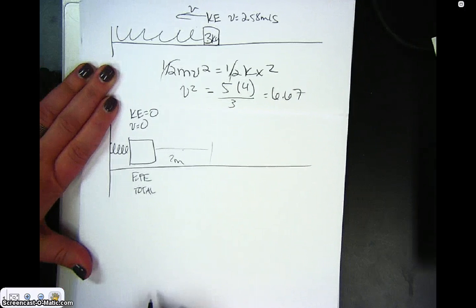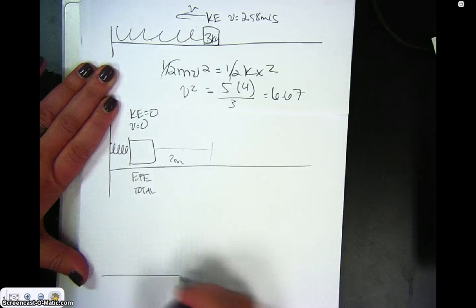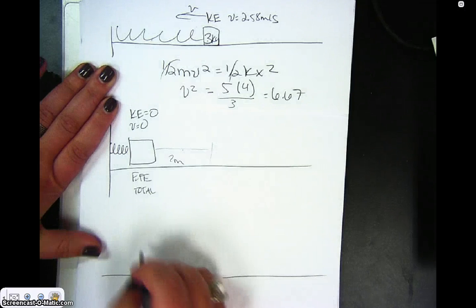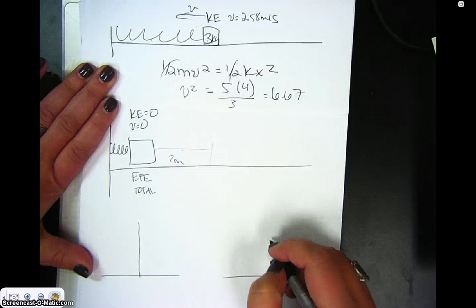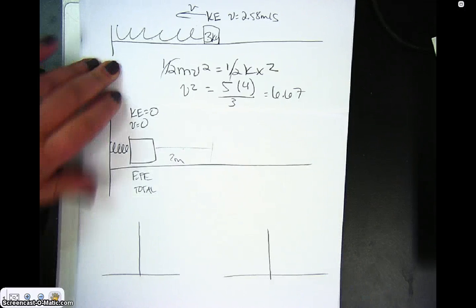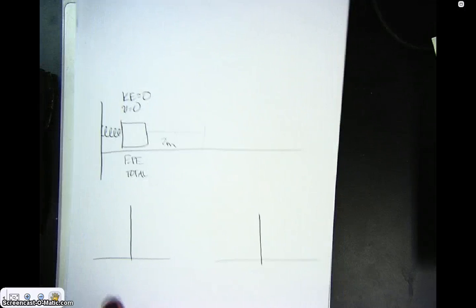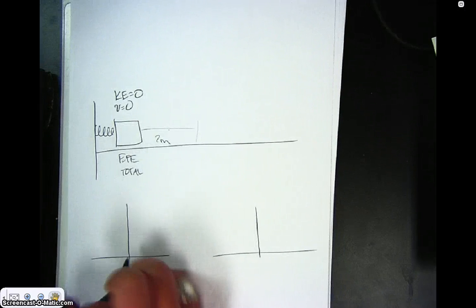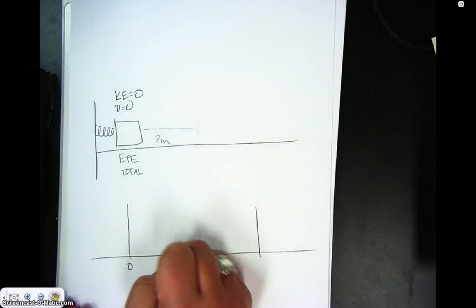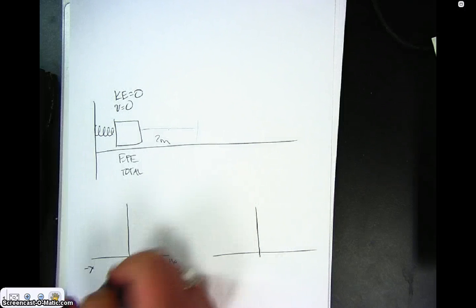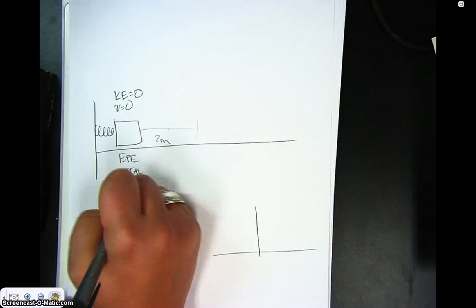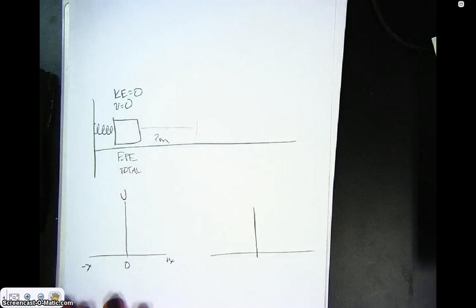Now, I just want to point out the graphs again. So if we were to look at a graph of kinetic energy versus elastic potential energy in this situation, let's say that this is 0 and this is positive x and this is negative x. And on this axis I have U, which is my elastic potential energy.